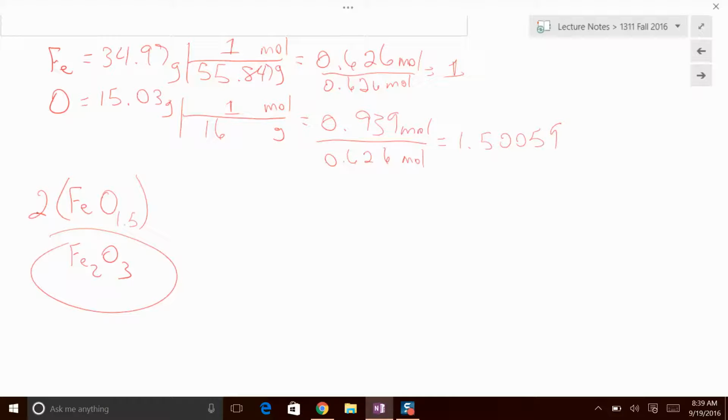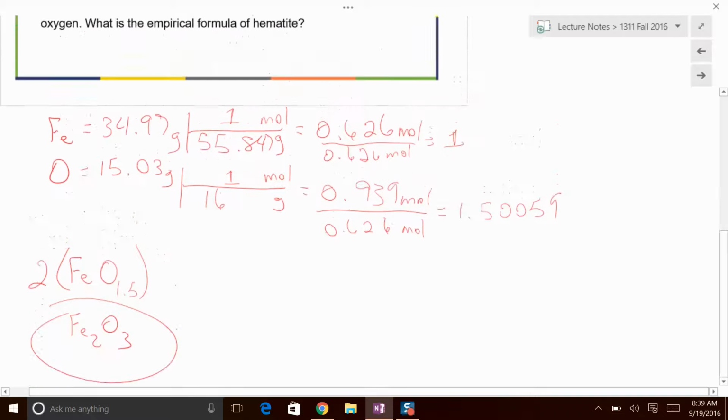Balancing will be where you'll have an actual formula, a chemical reaction, and you'll have to make sure the elements are the same on each side. This is simply determining the amount of everything in the formula, if we have these amounts of iron and oxygen to start with. All right, so.